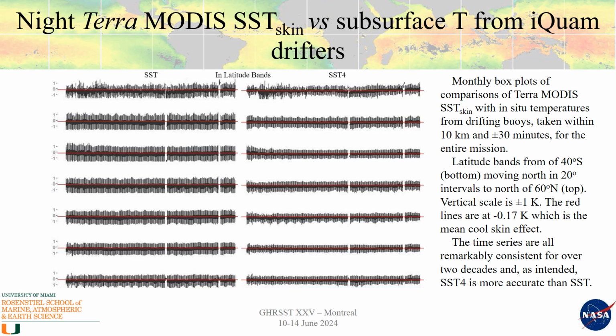If the iQuam drifters are giving a good representation of the subsurface temperatures, then from this we can argue that the MODIS SSTs are giving a good representation of the skin temperatures of the ocean. And as intended, the SST4 shows less variability than the split window.